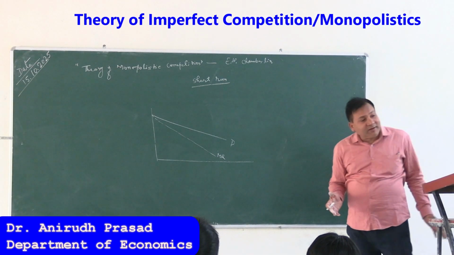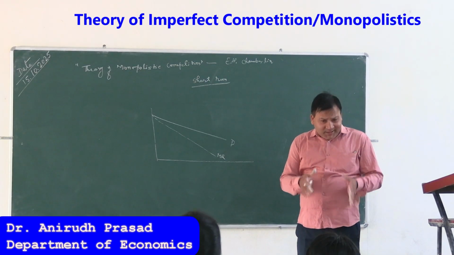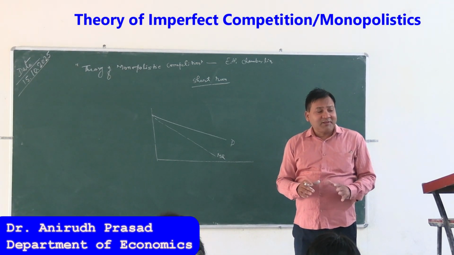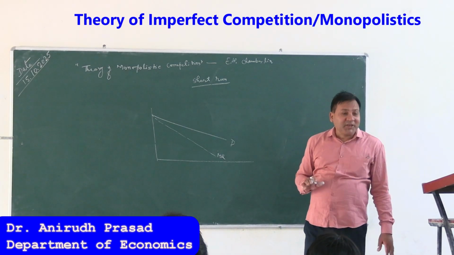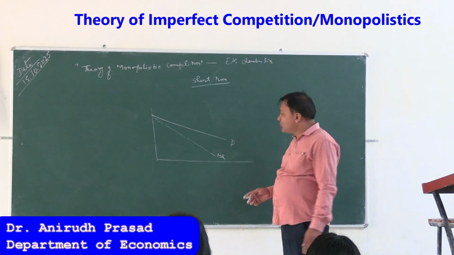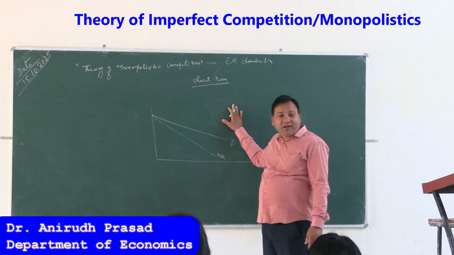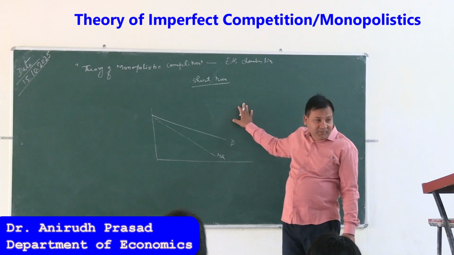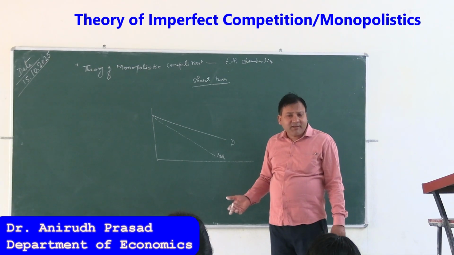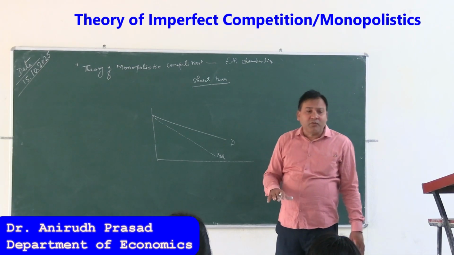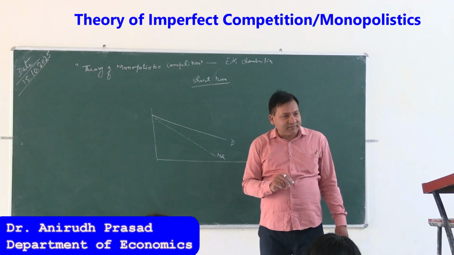Short run is a time period. Long run is also a time period. But the short run is so short that we are not in a position to change our fixed assets in the production. Therefore, this period is known as the short run. For the firm, the long run is so large that the producers are able to change the fixed assets, fixed capital.